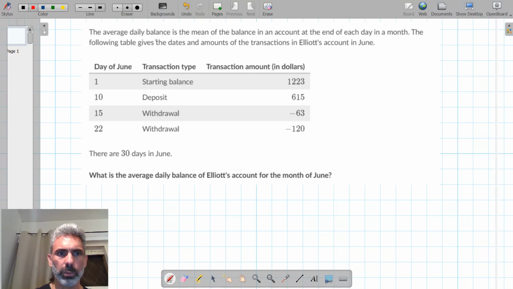Okay, so we see that the balance was 1,223 from June 1st until June 10th, and then Elliot made a deposit of $615, and so the balance has changed.